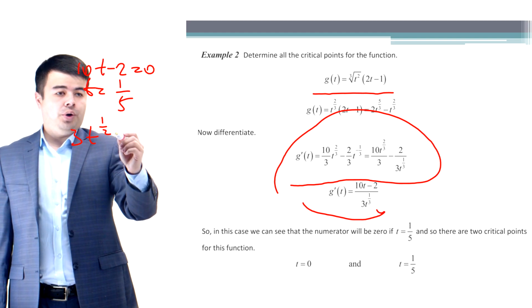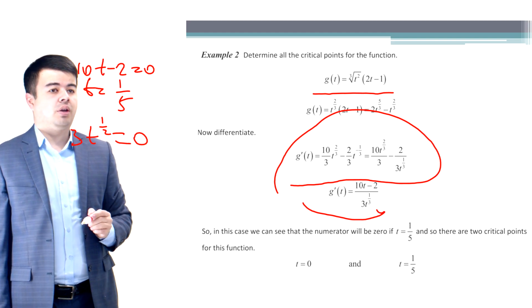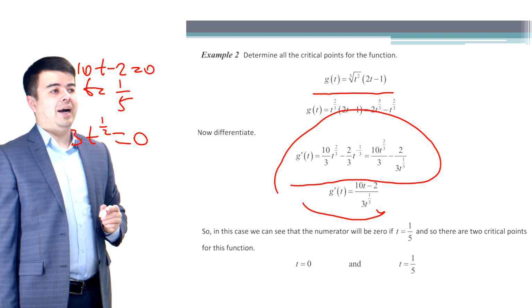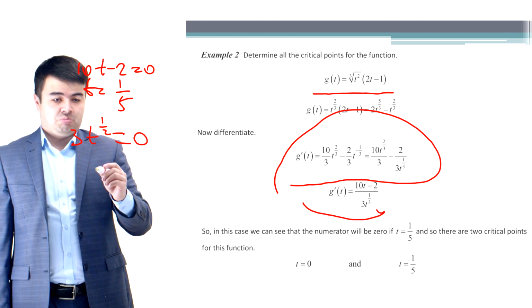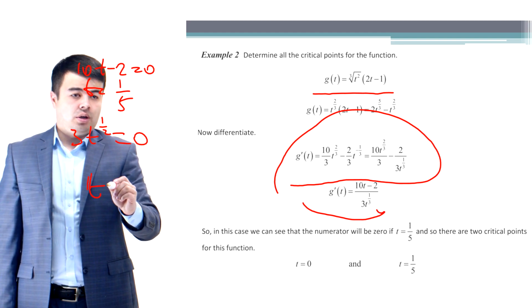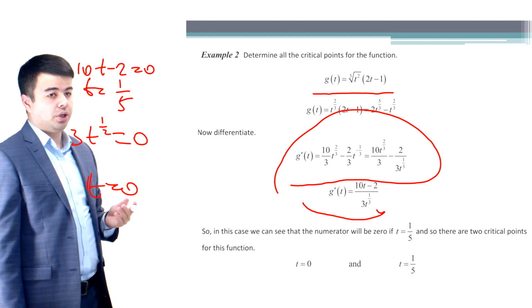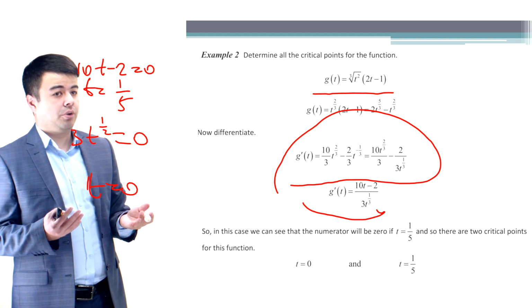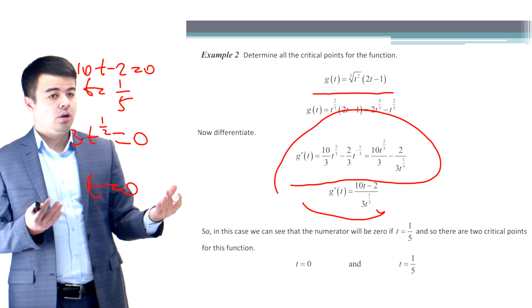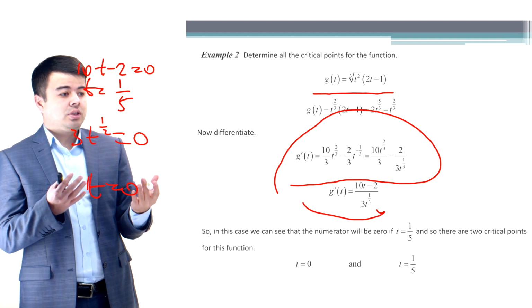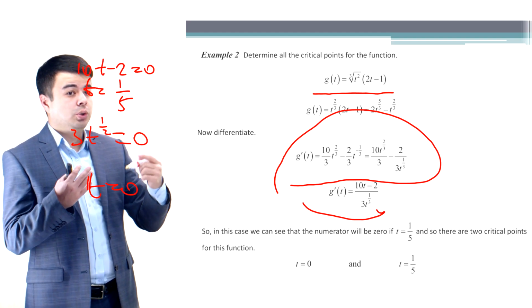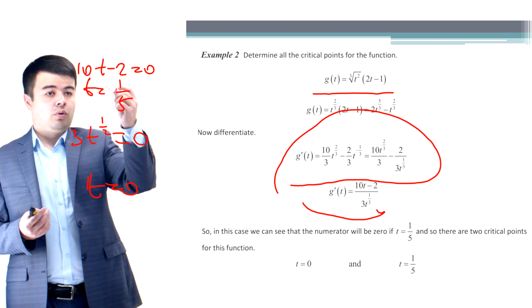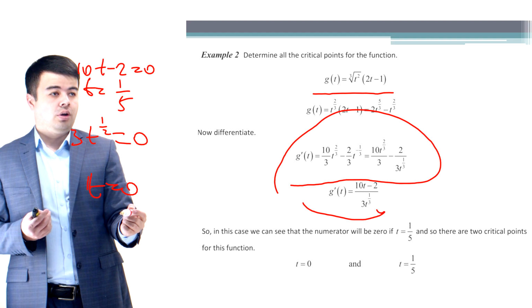If we equate that to 0, we have t equals 0. Of course, the denominator cannot be equal to 0, which means f prime does not exist there. So again we have two critical points, 1 over 5 and 0.